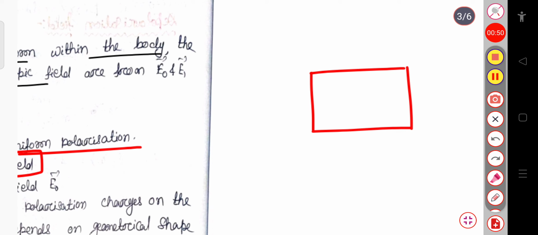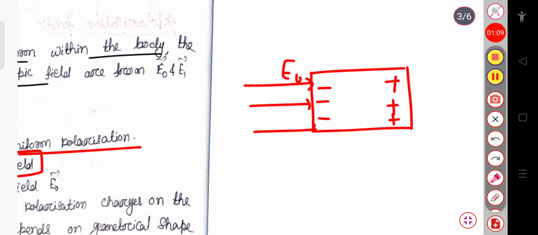In the case of a dielectric material, it may be made of polar or non-polar molecules. When you apply some external field, suppose E0, the positive charges inside this dielectric material move in the direction of the field, and the negative charges get separated and lie at the other side. This is basically the surface charge.